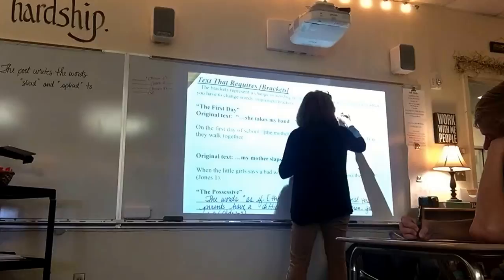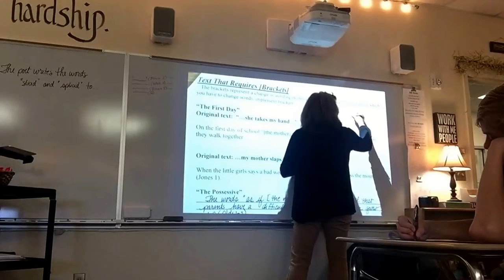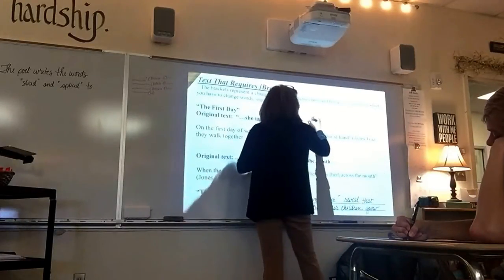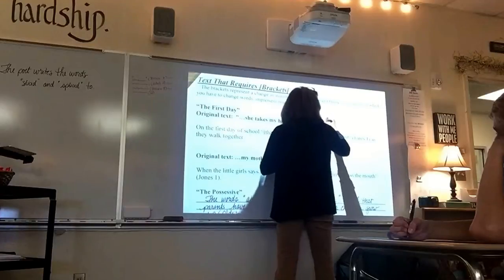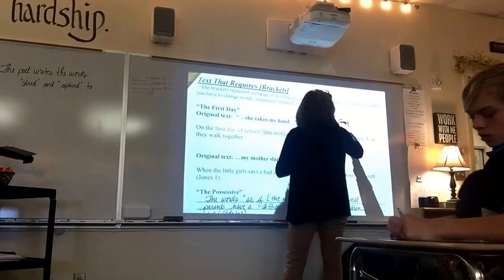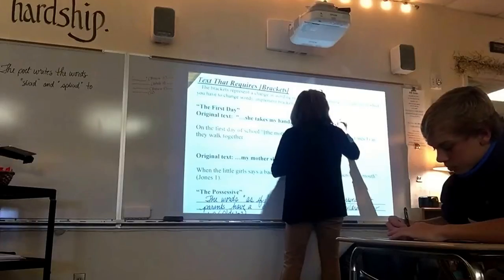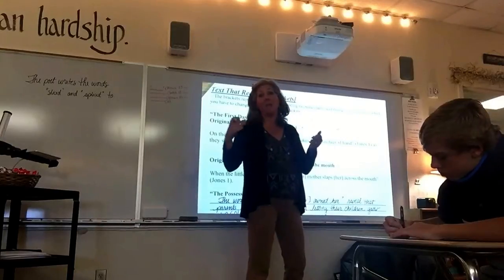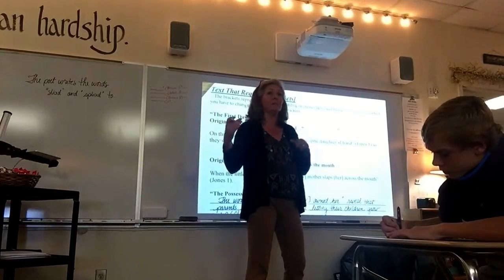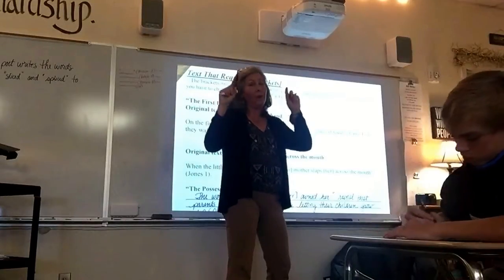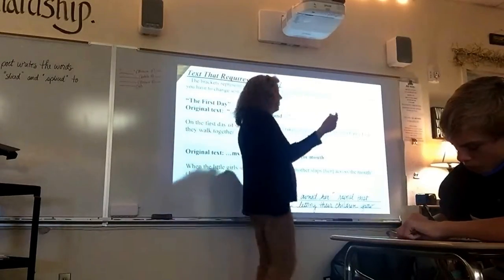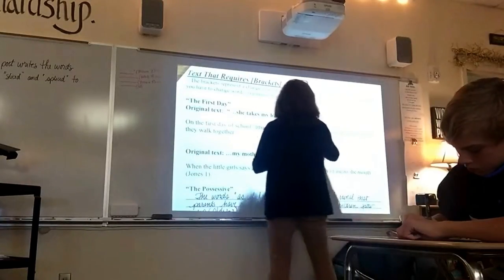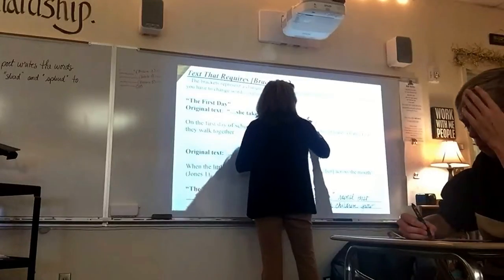And number 3, it allows you to change the point of view. So if you're writing in first person, my, I, me, our, us, you can change by putting brackets around a new word into third person. And then there's one last thing, actually, number 4, it allows you to clarify.